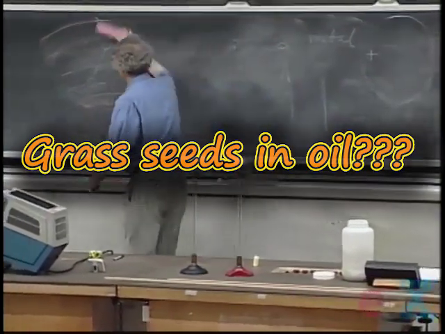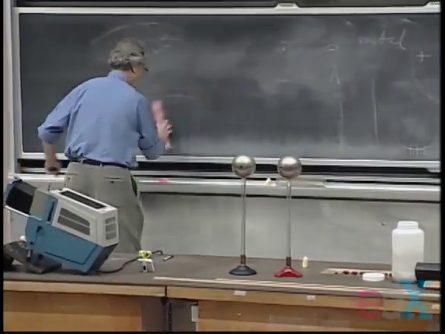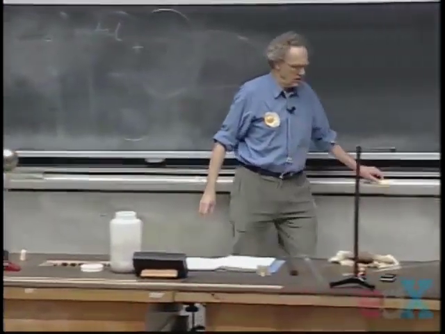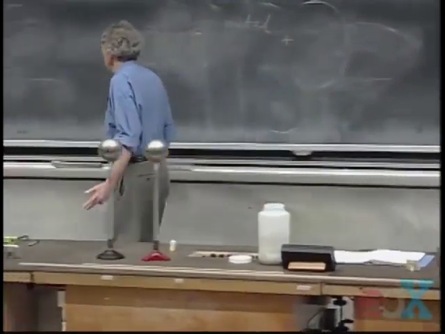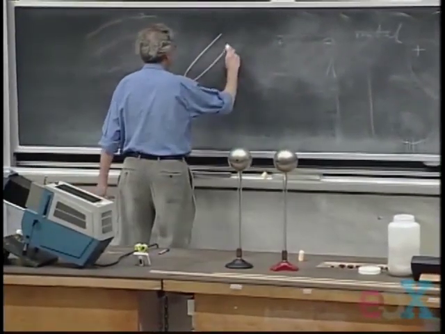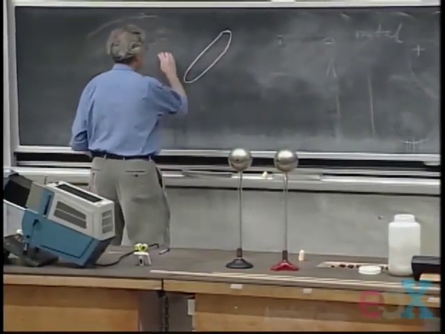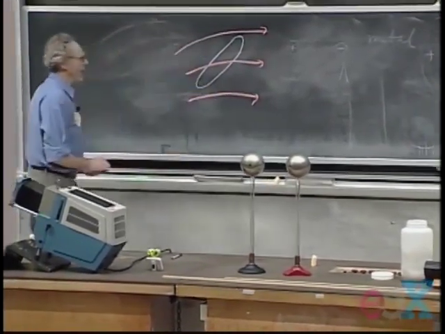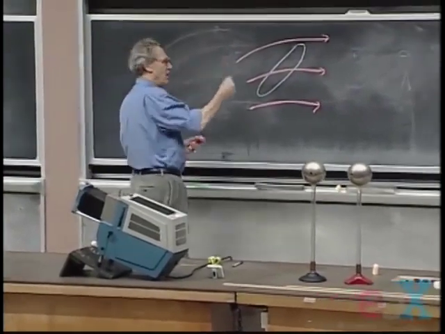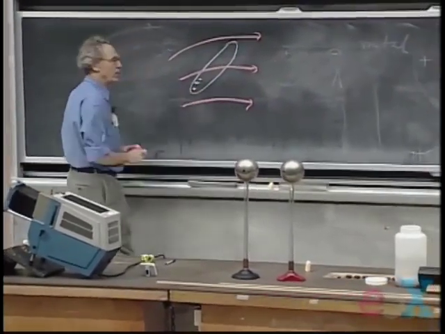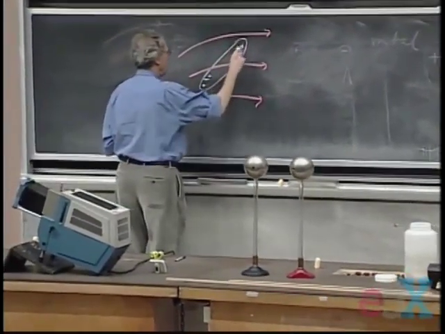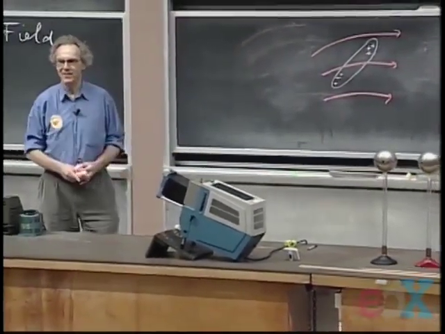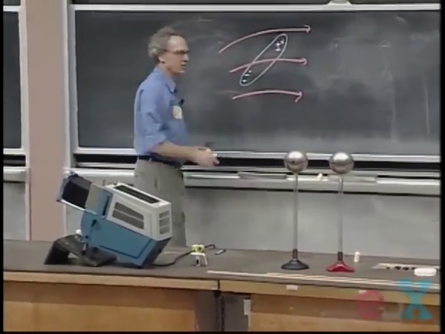Grass seeds are elongated, and when I put a grass seed in an electric field, it will become polarized. There's nothing you can do about it. Here's a grass seed, and the electric field is like so. And so the electrons want to go as far away in this direction as they can through induction. And so this side remains positive. And so what is this grass seed going to do? It's going to rotate. It's going to line up with the electric field.